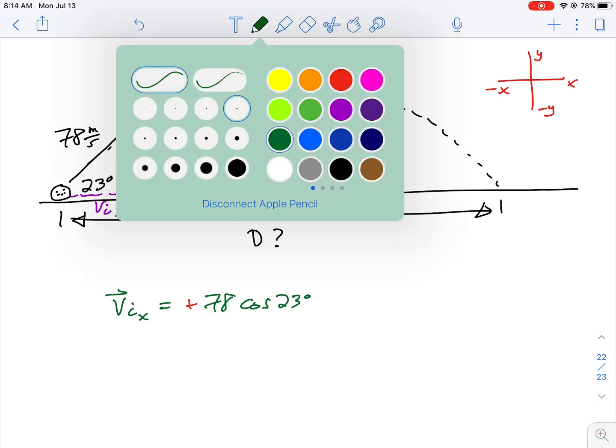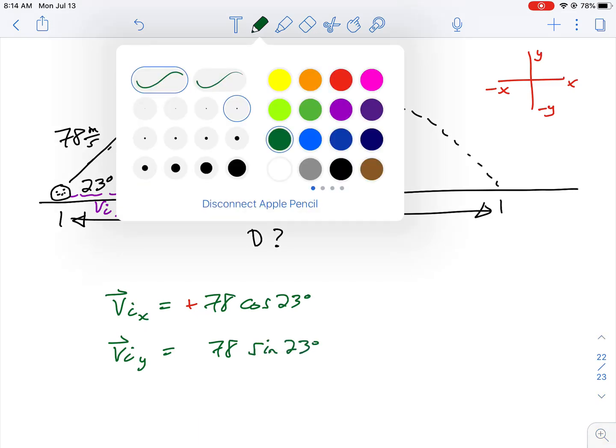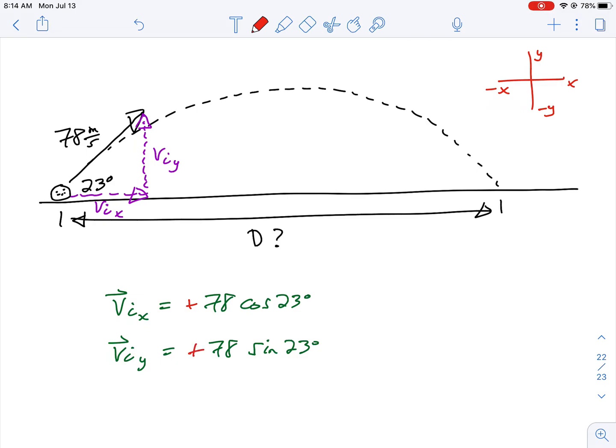And I'll just quickly do the other one as well. So v initial y is the hypotenuse times sine, and it will also be positive. All right, so again, make sure you're in degree mode.